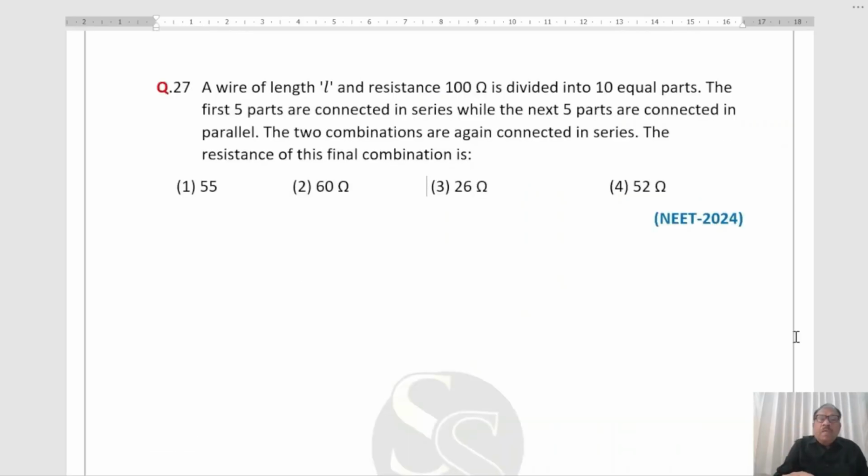Question is, a wire of length L and resistance 100 ohm is divided into 10 equal parts. The first 5 parts are connected in series, while the next 5 parts are connected in parallel. The two combinations are again connected in series.